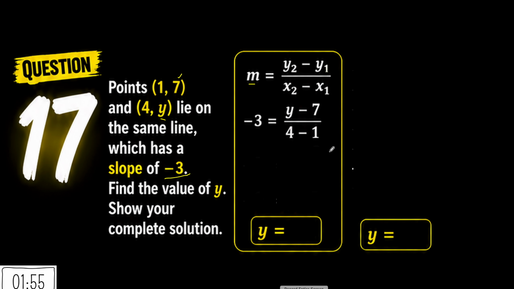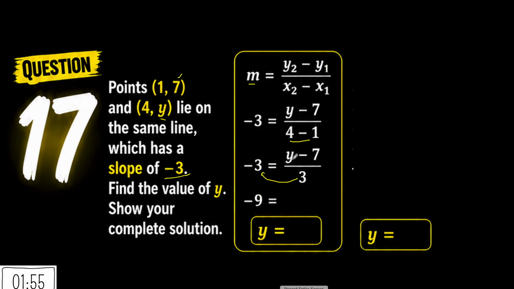So, ngayon, paglaro na natin yung equation, of course, subtract muna natin kasi itong nasa baba. 4 minus 1, that is going to be 3. Kinopya ko lang muna yung y minus 7 sa taas. Yung 4 minus 1, subtract ko yan. Then, of course, para ma-solve natin yung y dyan, multiply natin si negative 3 kay 3. So, it will become negative 9. So, negative 3 times 3, that is negative 9. Okay?